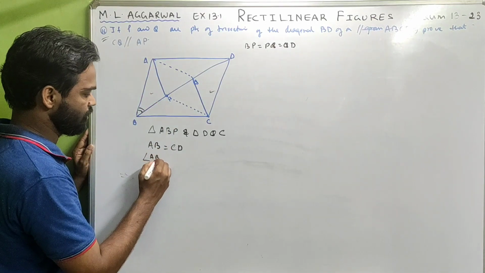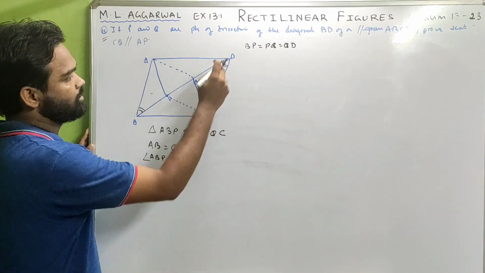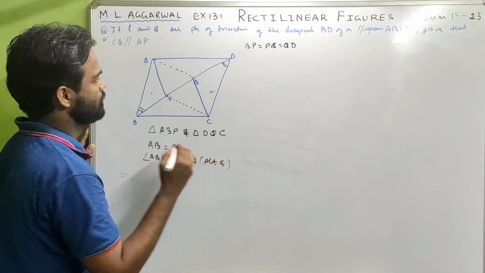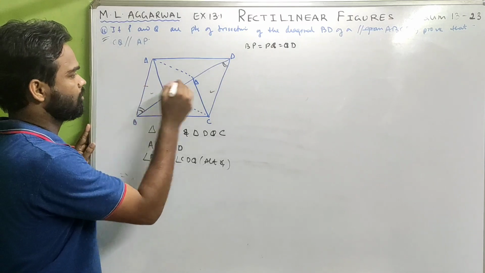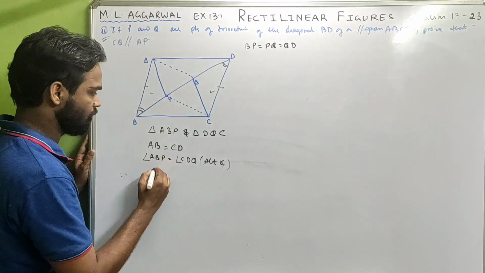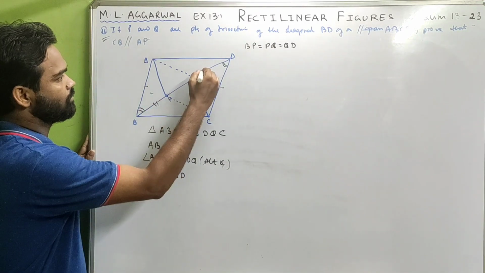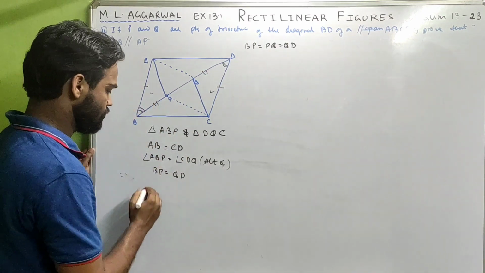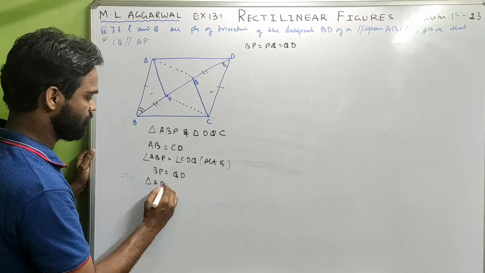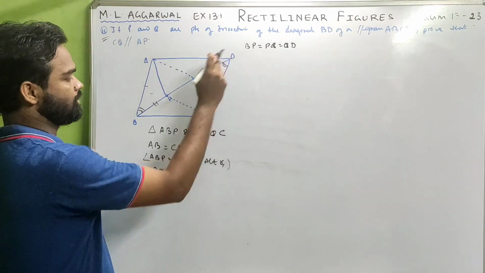Angle ABP is equal to angle CDQ, alternate angle, isn't it? Then BP equals QD, that's given to us. This side is equal to this side. See, side angle side, which means triangle ABP is congruent to triangle CDQ.